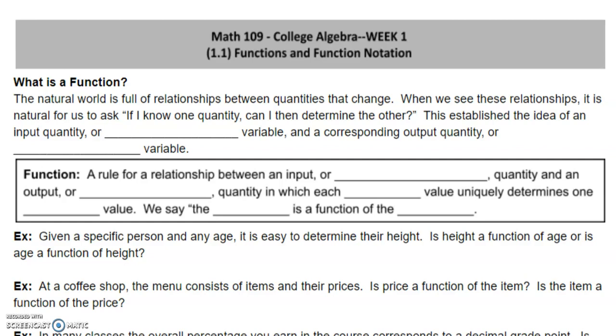The natural world is full of relationships between quantities that change. When we see these relationships, it is natural for us to ask, if I know one quantity, can I then determine the other? This establishes the idea of an input quantity, or what we refer to as an independent variable.